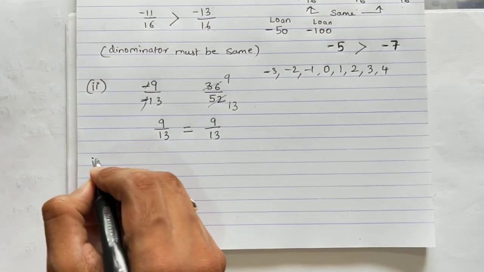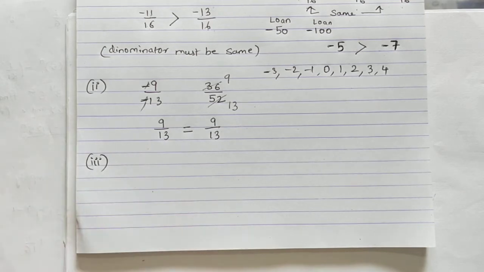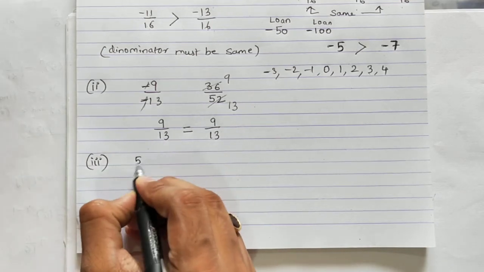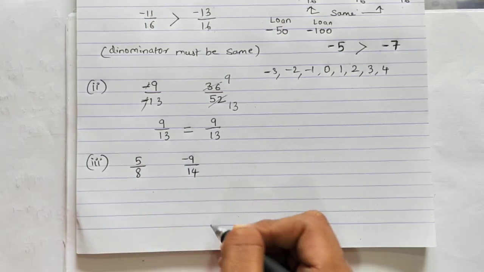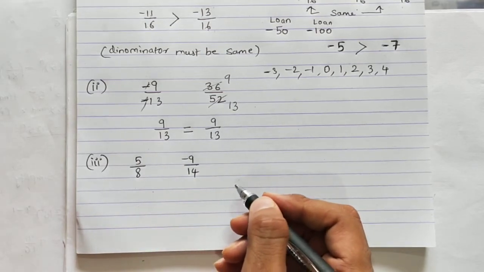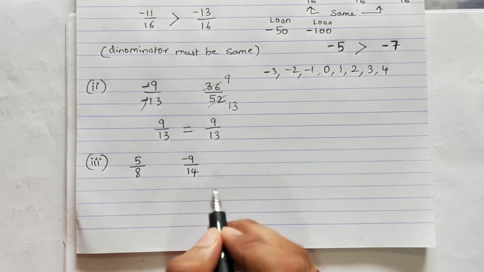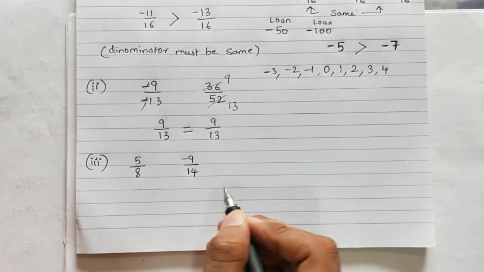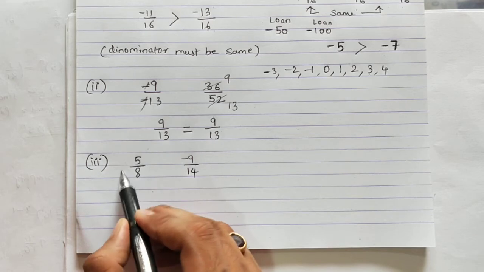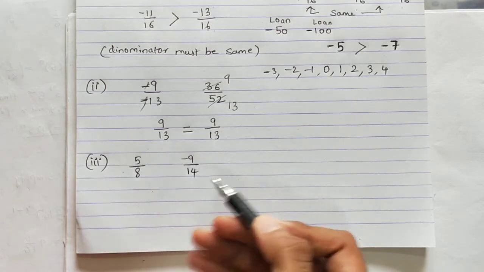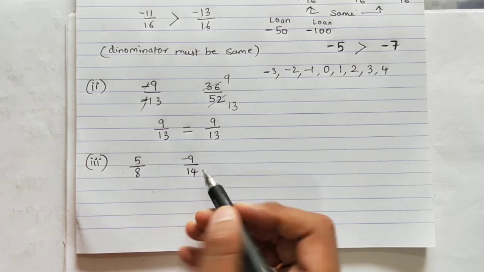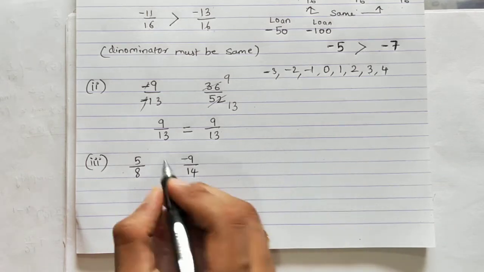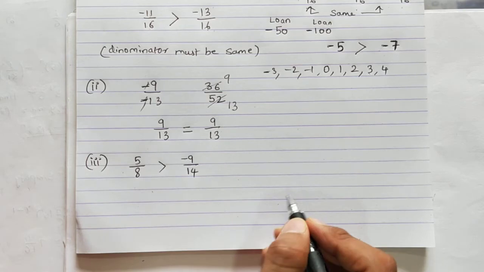Third, this 5 upon 8 and -9 upon 14. Here we don't have to think much. We don't have to think at all. Why? Because this is a positive number and this is a negative number. So directly I can say that a positive number is greater than a negative number. So directly I can write this.